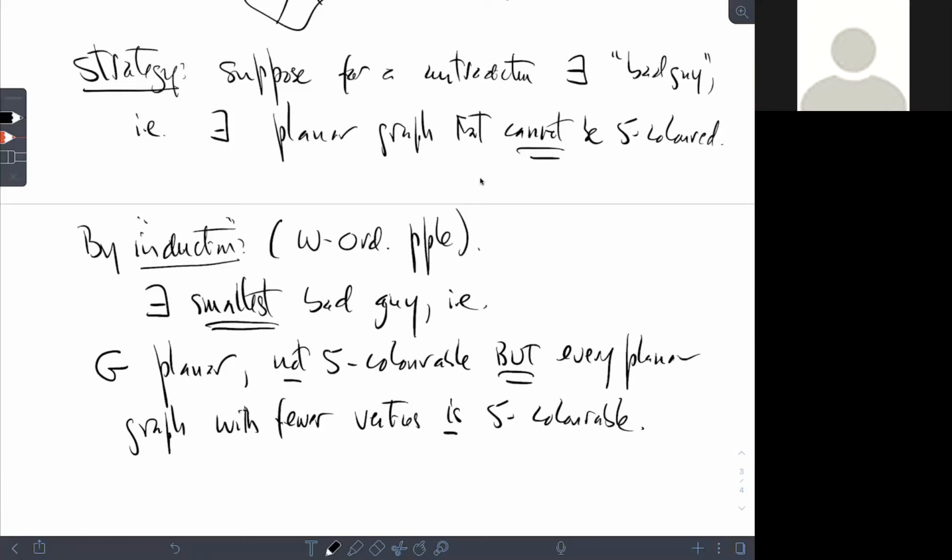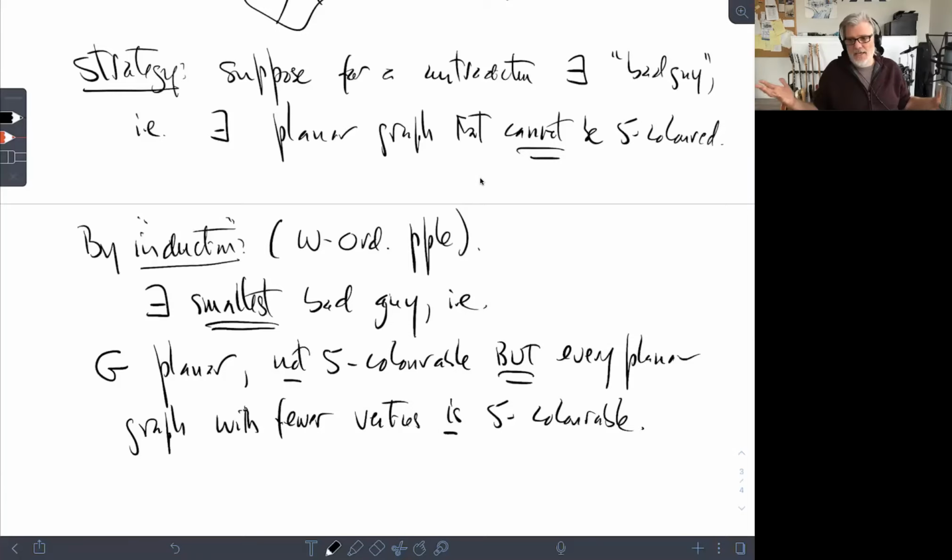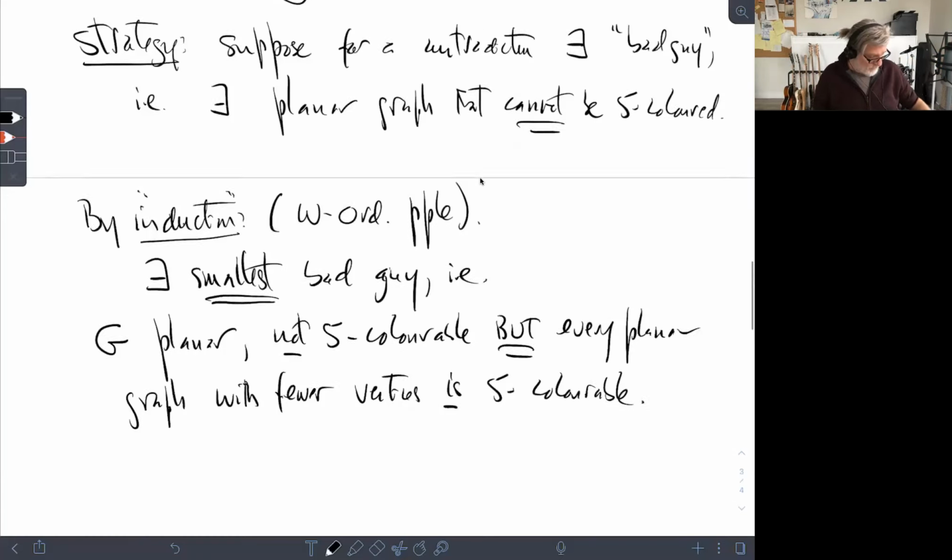Yep. Right? So if there is a bad guy, there must be a smallest one by the well-ordering principle. If you look at the set of number of vertices of bad guys, it's non-empty, so there's a smallest value. So that means that there is a bad guy for that number of vertices, and there are none with fewer vertices.